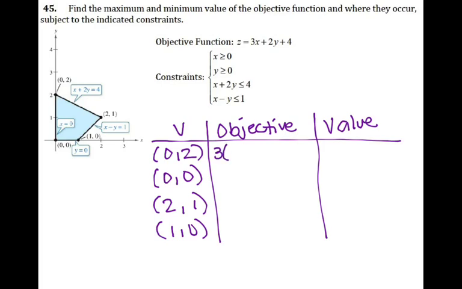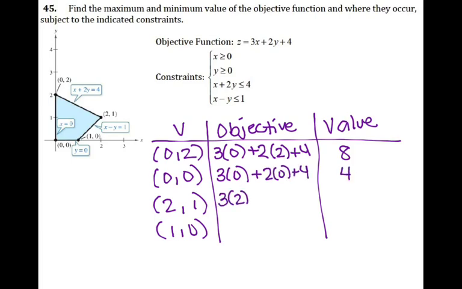So I have 3 times x plus 2 times y plus 4, and that gives me 8. 3 times x plus 2 times y plus 4 gives me 4. 3 times x plus 2 times y plus 4 is 12. 3 times x plus 2 times y plus 4 is 7.